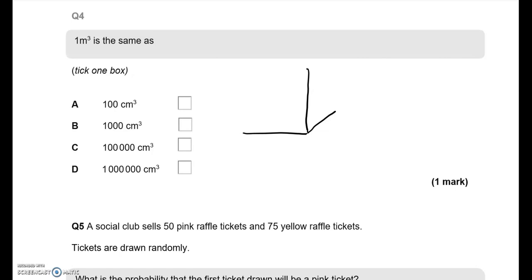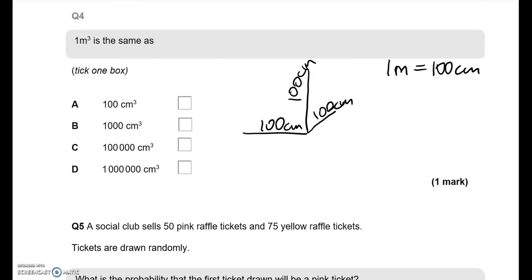So let's suppose we have 1 meter by 1 meter by 1 meter, and we want to convert it to centimeters. So 1 meter is equal to 100 centimeters. So 100 centimeters, 100 centimeters, 100 centimeters. So we know we need to multiply all three of them to get volume.